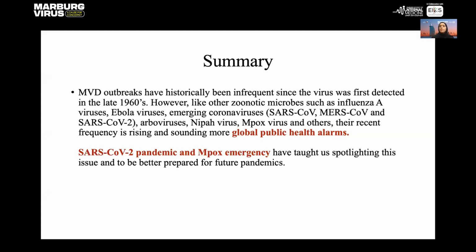This should be a global public health alarm. We're open to multiple countries, and travel has been active between them, and we learned that the hard way through the SARS-CoV-2 pandemic and the monkeypox emergency that we dealt with. So we should be cautious.